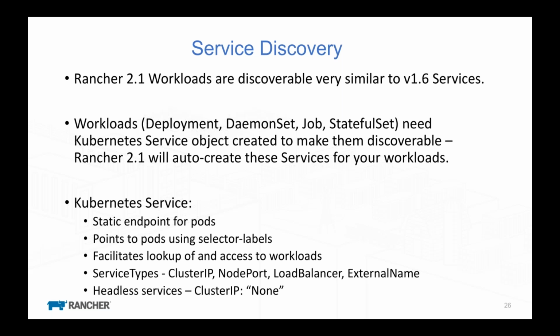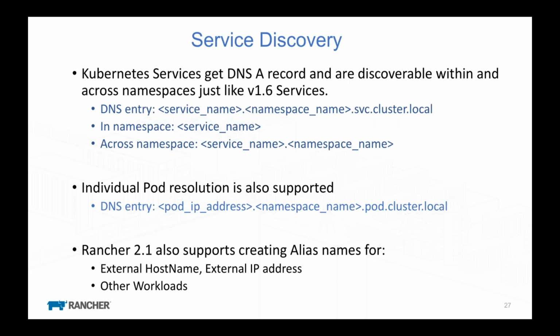As we had talked a little bit about services, a service is just a static endpoint for your pods, and each service in Kubernetes gets a DNS name. All services in Kubernetes are discoverable by this DNS format of service name, namespace name, .service.cluster.local. Now this domain name is configurable on your cluster.